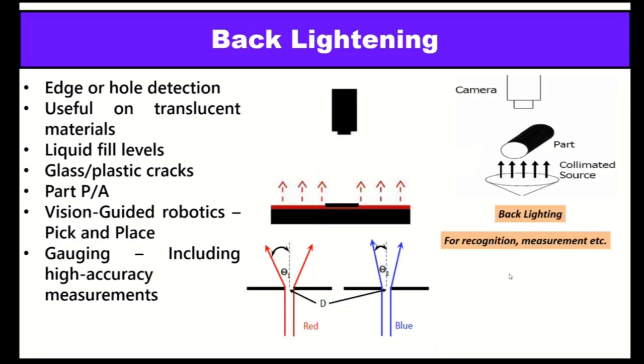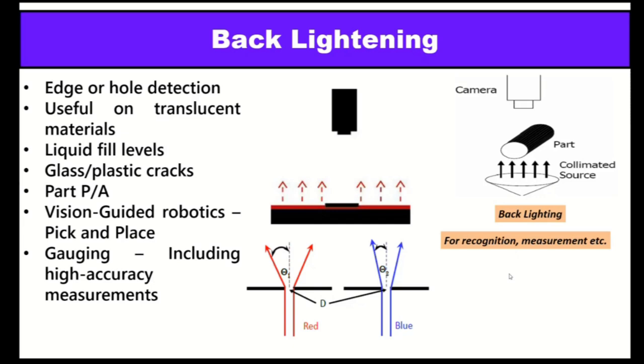Now let us discuss all these methods, or some of these methods, and how they are used in real life when we are installing a camera along with a robot. Backlighting is mainly preferred for edge detection or hole detection.